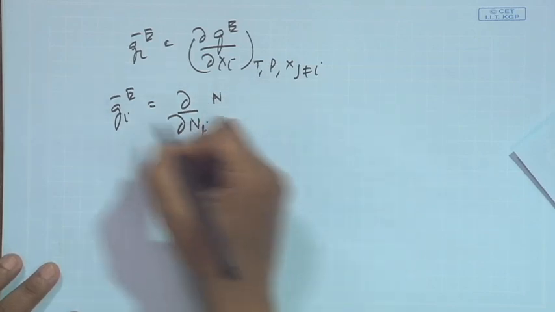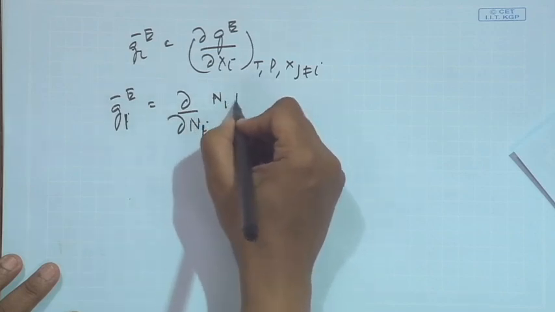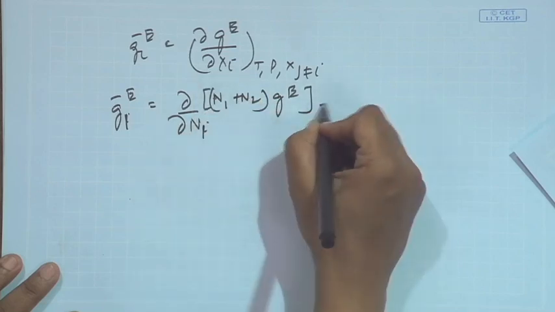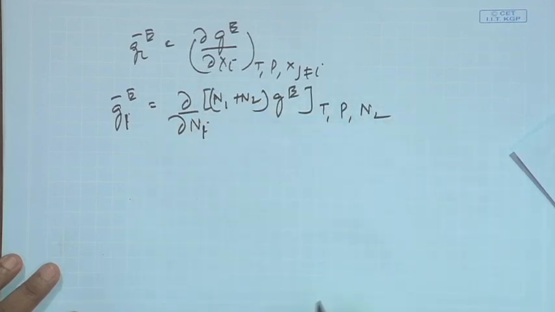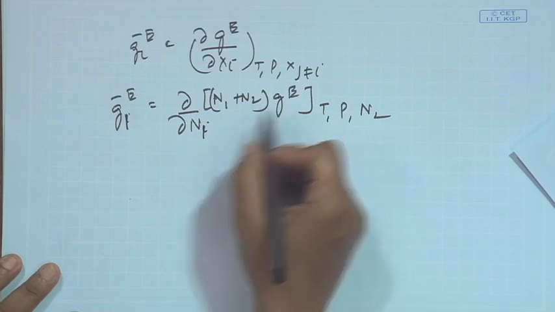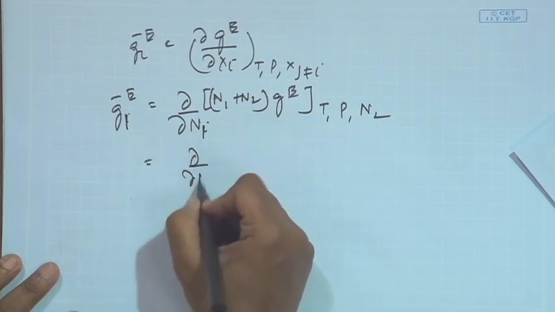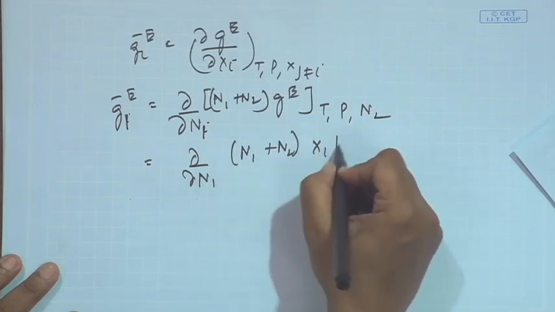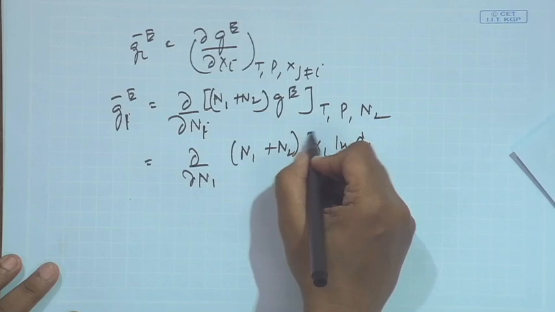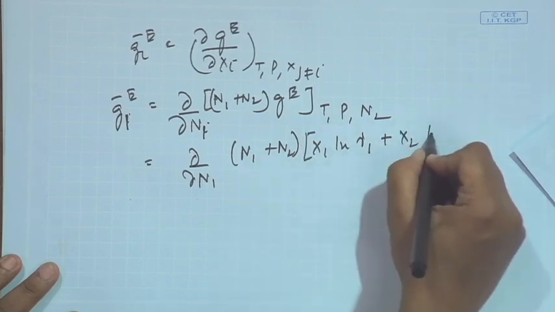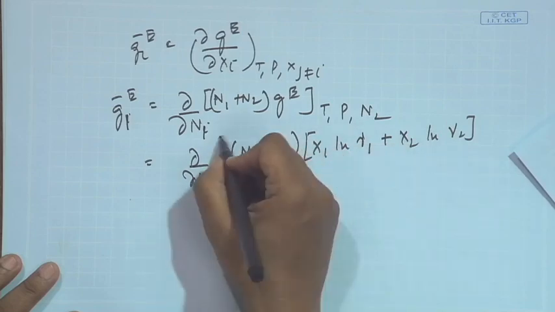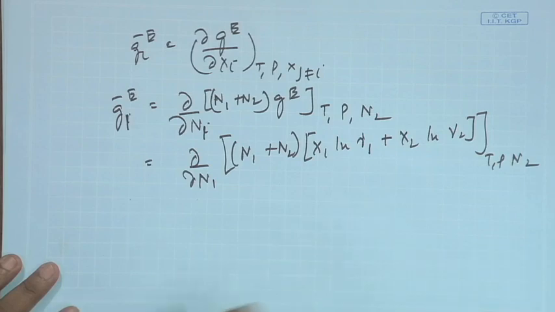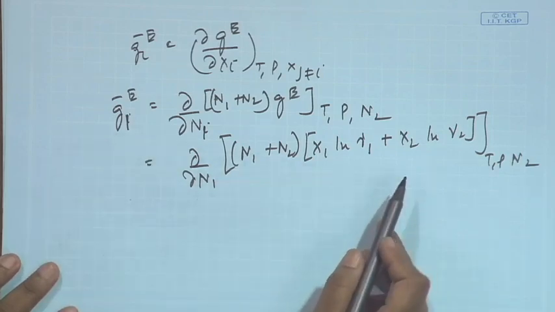So, therefore, this G1 E is del of (n1 plus n2) into G E by del n1 at constant T, P, n2. And what is this G E equal to? This is nothing but equal to del of (n1 plus n2) times x1 ln gamma 1 plus x2 ln gamma 2, at constant T, P, n2.